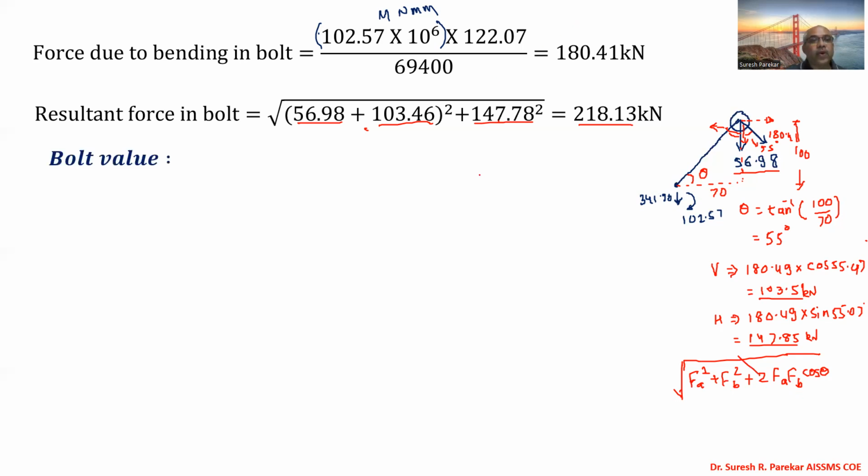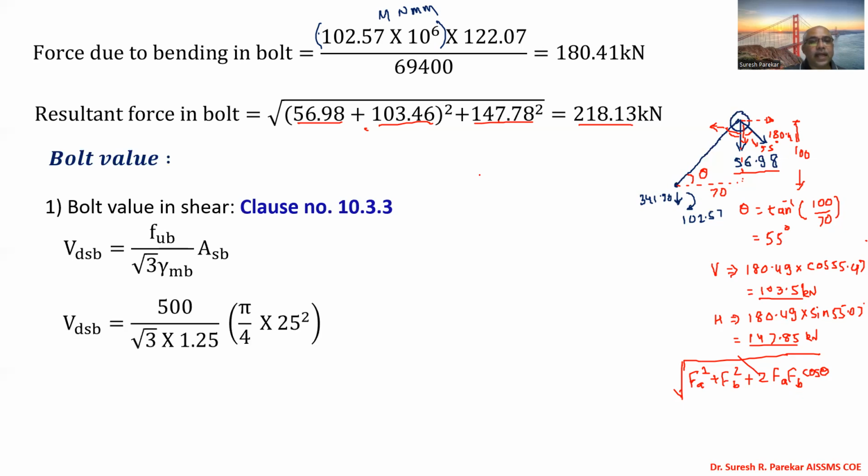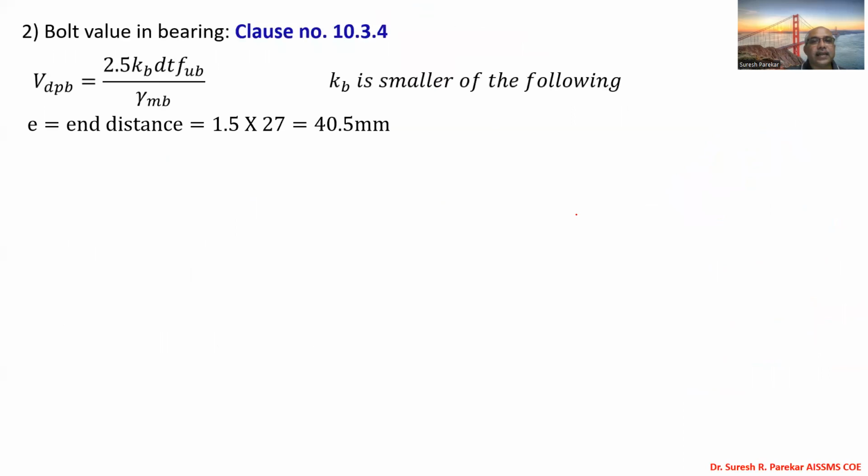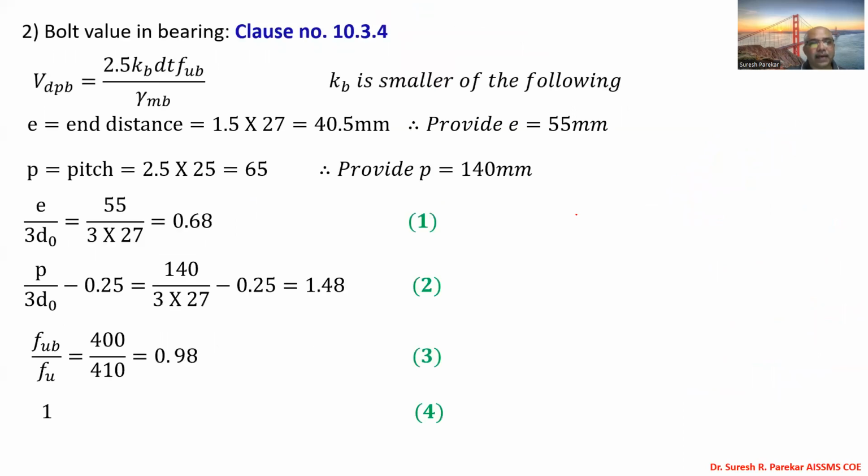Now we have to see the bolt value. We have taken a 25 diameter bolt, and I have considered bolt class 5.8, because this value is very large. Checking with 5.8, we have 113.36 kilonewton due to shear, and then due to bearing, I will not go into detail.